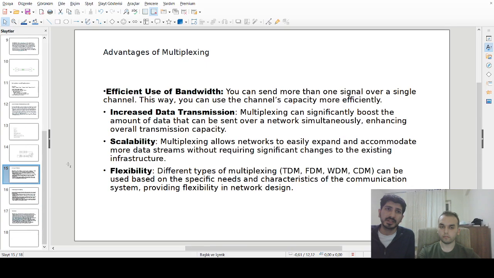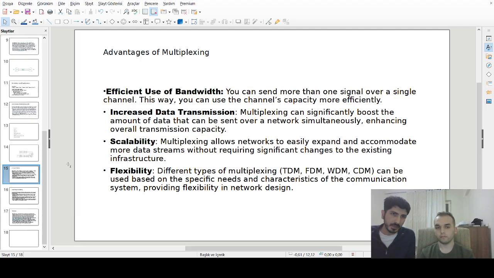Advantages of multiplexing: efficient use of bandwidth. You can send more than one signal over a single channel. This way, you can use the channel's capacity more effectively. Increased data transmission: multiplexing can significantly boost the amount of data that can be sent over a network simultaneously, enhancing overall transmission capacity.